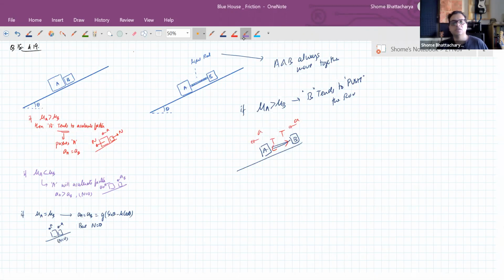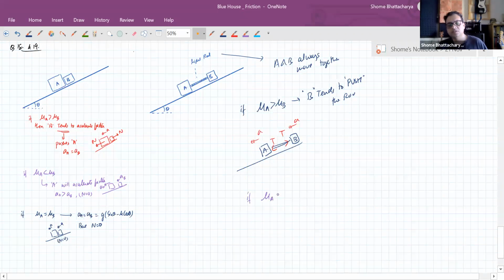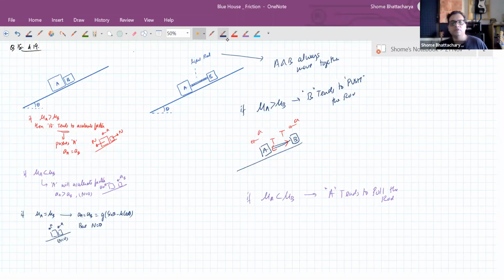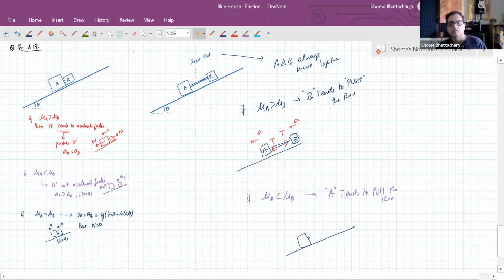Okay. On the other hand, if mu A is less than mu B, then A will tend to pull. Okay. So at that point of time, A is tending to pull on the rod. So the rod will have to pull back.